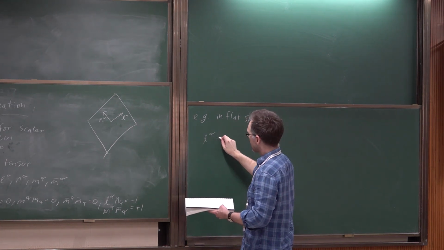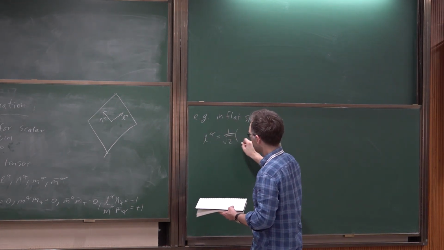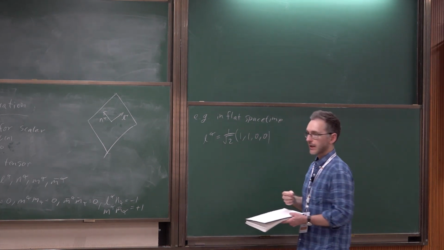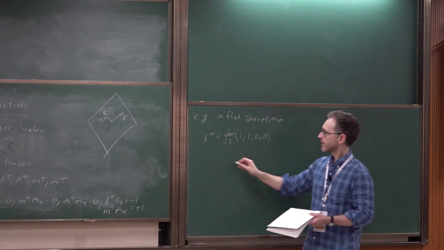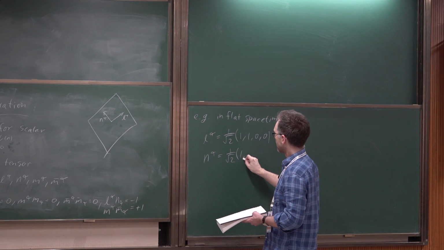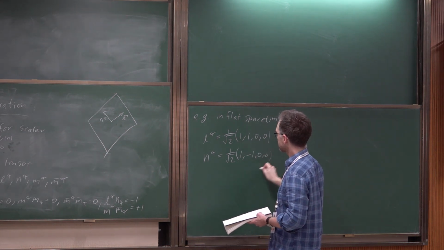So L alpha is 1 over root 2, (1, 1, 0, 0) in t, r, theta, phi coordinates. N alpha is 1 over root 2, (1, -1, 0, 0).